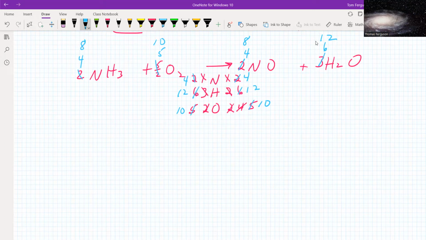You can have multiples all over the place of the coefficients, as long as it's applied to all the coefficients. So the top equation with 8, 10, 8, 12 is still balanced.